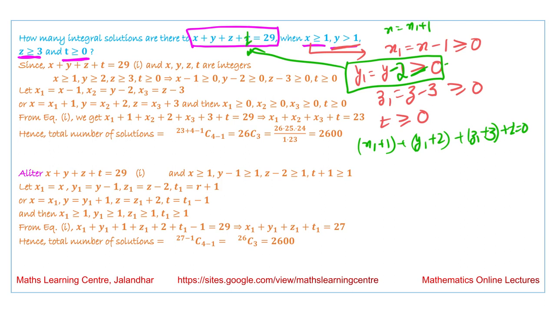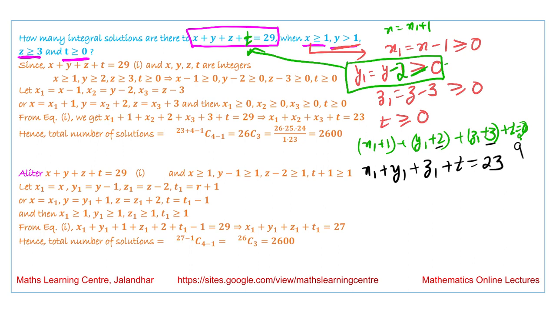This last variable is not r, it is t. So what we obtain from this is that x1 plus y1 plus z1 plus t is equal to 23.